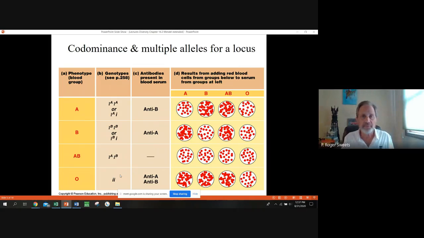But there are other ones circulating around, and depending on the next iteration of generations, there will be a different combination. You can be AA, you can be AO, you can be AB, you can be BB, you can be BO. I think I covered all of them right there. So all of those things could happen in a three allele system, and there are many more alleles than that for many, many different kinds of systems.